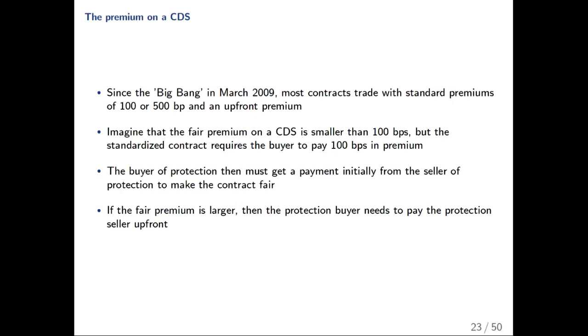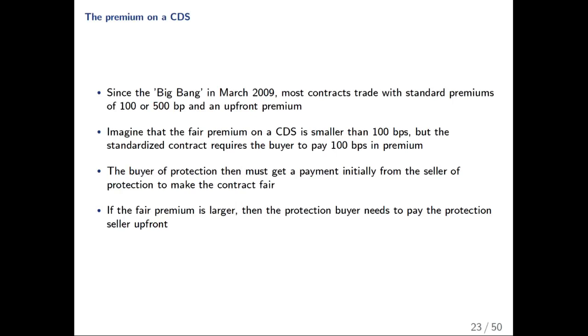Then what happens is that there's going to be an initial payment which offsets this standardization process. For example, if the fair premium was 50 basis points, and I was quoted 100 basis points, the premium payer is paying 50 basis points per month or per quarter more than they should.